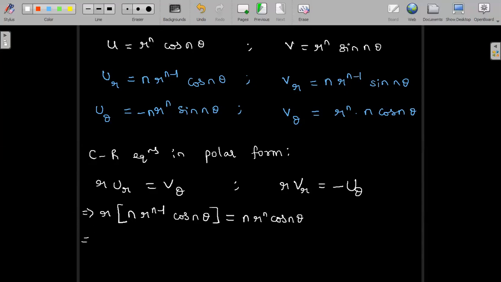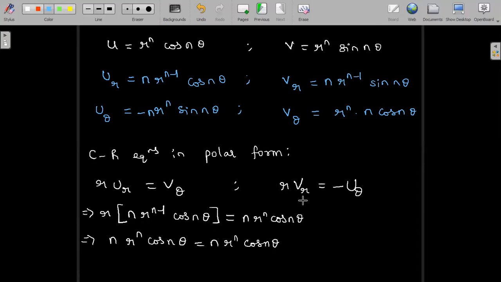Let us verify. Since it is r power 1 into r power n minus 1, when the bases are the same, powers are added, so we obtain r power n. The plus 1 and minus 1 cancel in the power. So n r power n cos n theta equals n r power n cos n theta, and that is why they are equal.